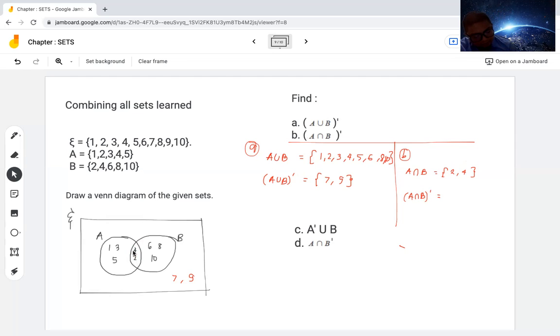So if we are going to write it down, we are going to list it as 1, 3, 5, 7, 9. You can write it, or you can have this one: 1, 3, 5, 6, 8, 10, and then 7, 9. And that's how you're going to answer that one, guys.